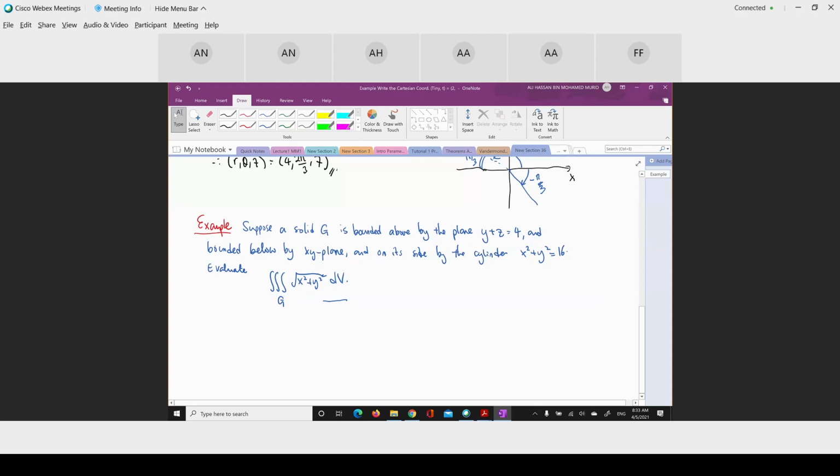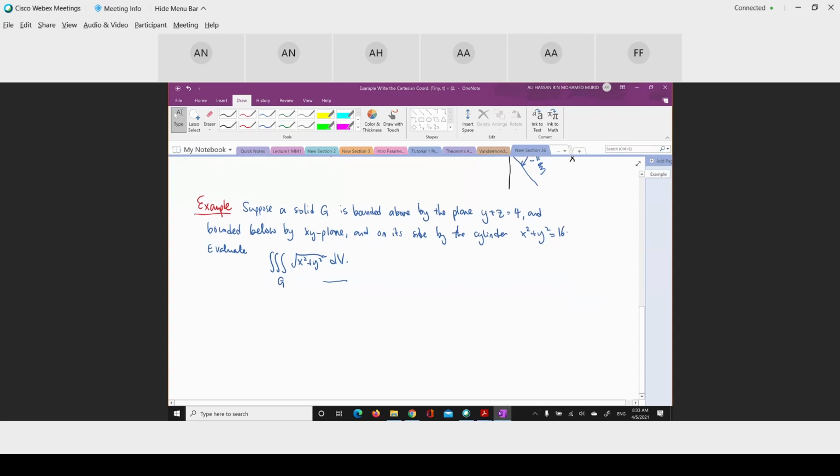We have a description of a solid G bounded above by the plane y plus z equal to 4, and bounded below by the xy plane, and on its side by the cylinder x squared plus y squared equal to 16. Evaluate this integral here. So can you imagine this object G here? The shape of this object G.